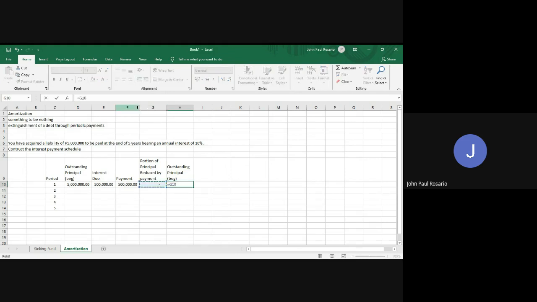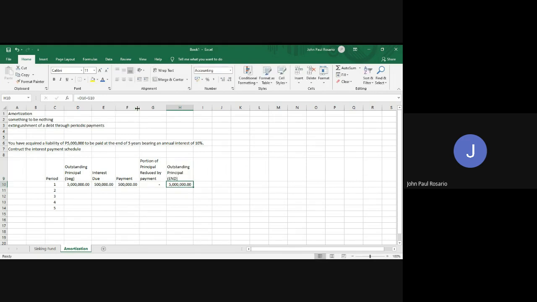So with that, from your beginning balance, you subtract nothing, because you paid the exact amount of interest, not more than it, not less than it. If you paid less than the interest due, your debt would become bigger, right? If you paid more than your interest due, then supposedly your principal as the basis for the next period would be smaller, so your interest due would be smaller. But since you paid the exact amount of the interest due, your outstanding principal at the end of the period will still be the same.